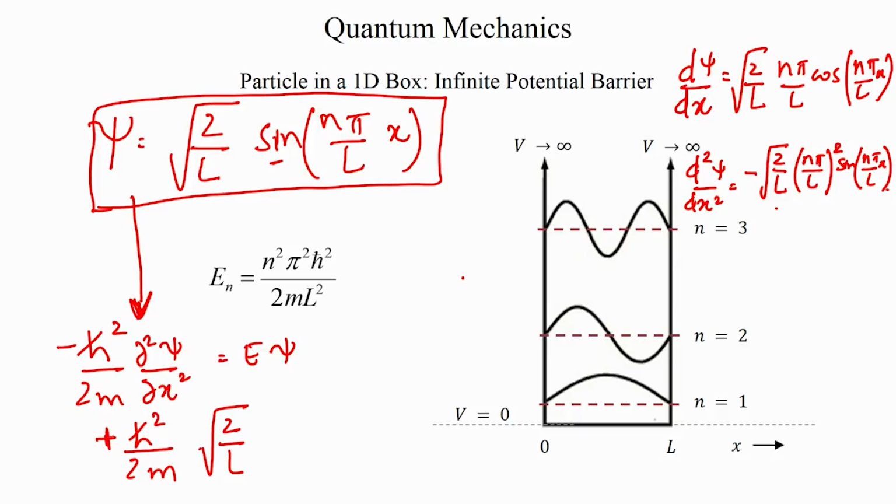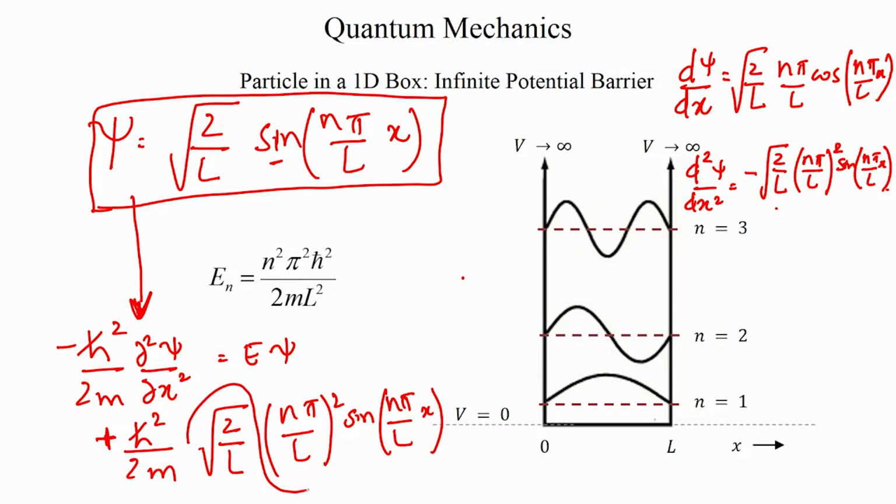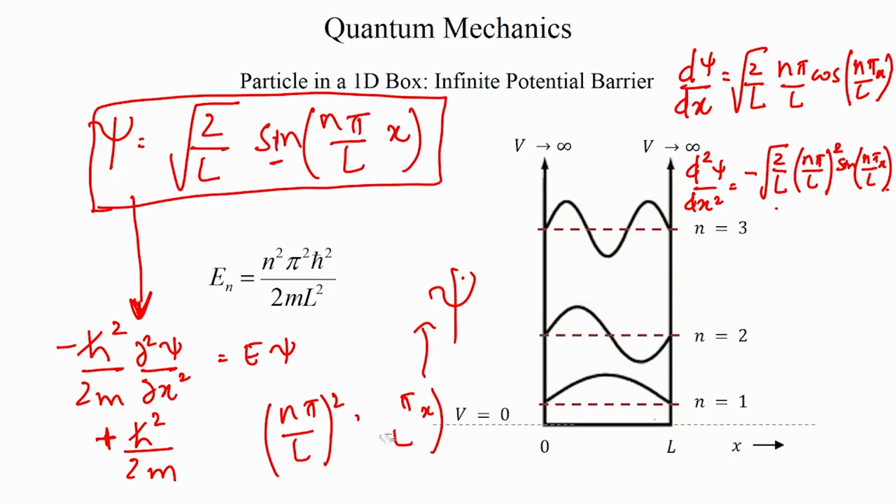So I will put a plus sign before this term, into square root of 2 by L into n pi by L squared sine of n pi by L into x. That is the left hand side, and you will notice that this term, square root of 2 by L into this sine, is nothing but your wave function psi. So you might as well just get rid of these two terms and use psi here, and this is equal to E psi.